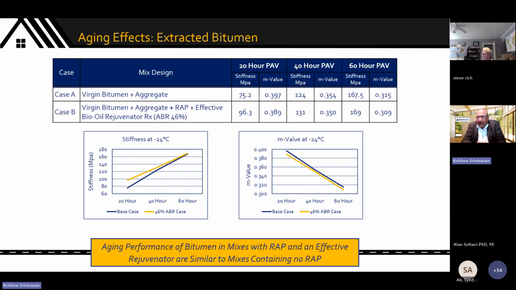You make the mix, you extract the bitumen, and then subject it to 20-hour, 40-hour, and 60-hour PAV aging. And you look at the stiffness S and the compliance M value, and that's where it's plotted here.